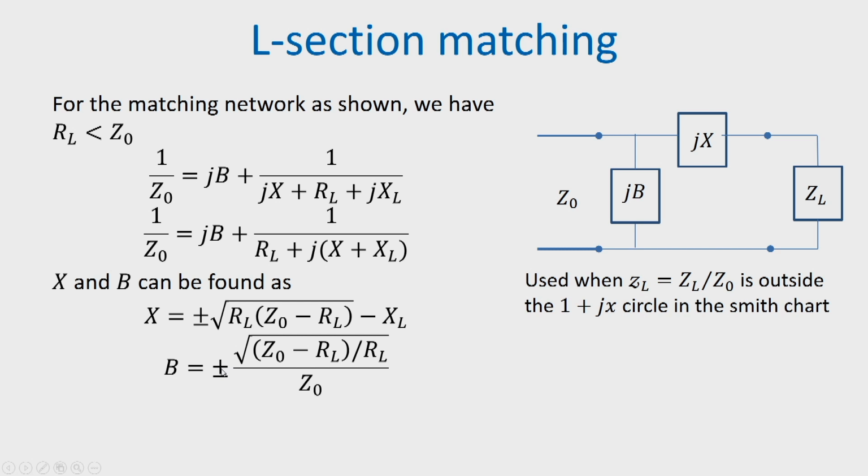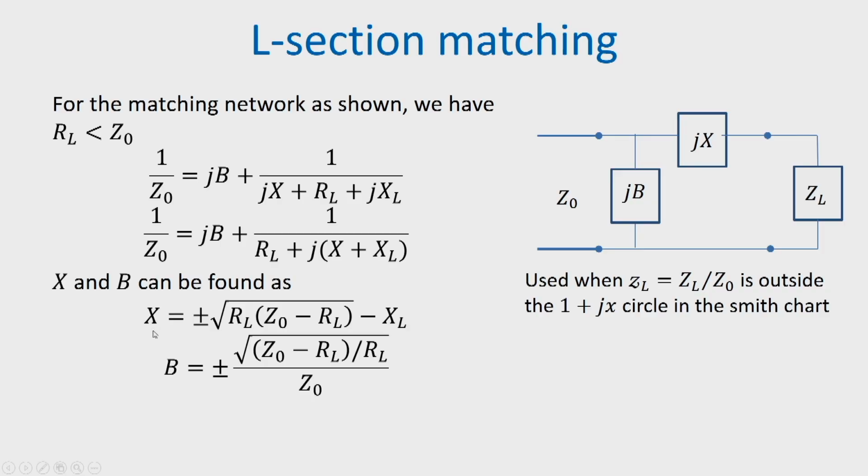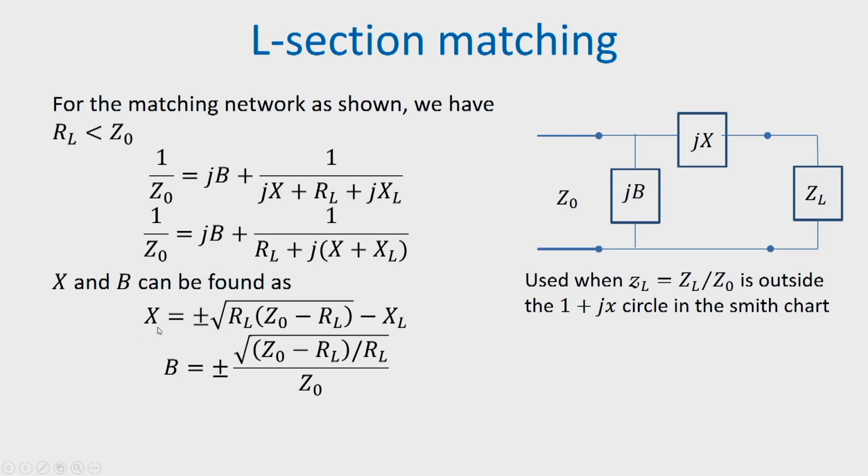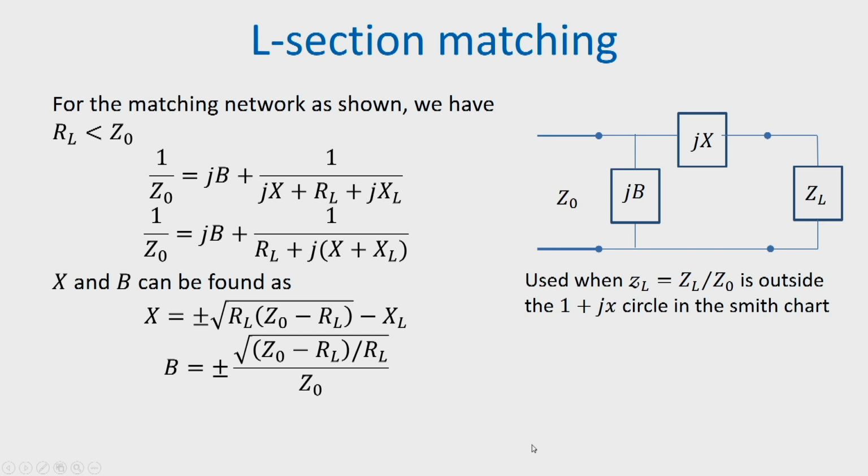Because of this plus minus sign, once again we will get two solutions for X and two solutions for B, and we can map these values of X and B to a capacitive element and an inductive element, and therefore, we will get two circuits with B and X being represented by lumped elements, either a capacitance or an inductance.